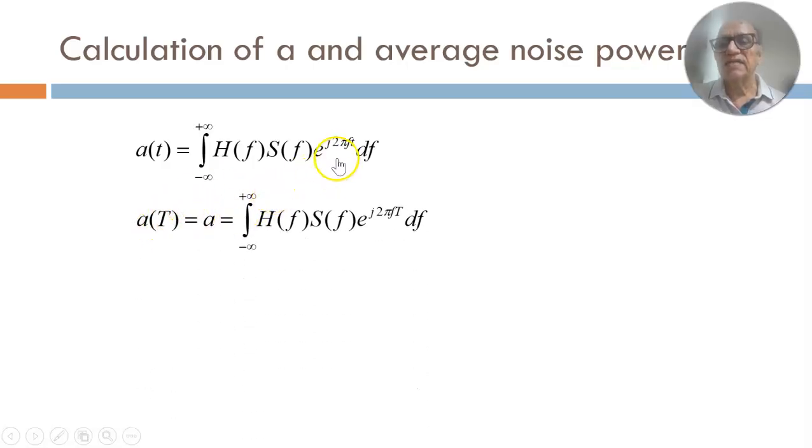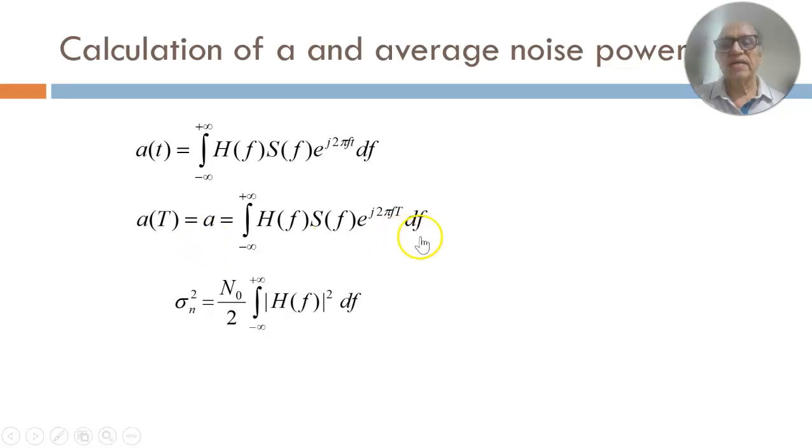So you calculate this at t equal to capital T. So a is the same expression, except that the small t is replaced by capital T. And then you calculate the average noise power. N0 by 2 is the power spectral density of noise. And this again comes from the study of signals and systems. So you multiply this by mod of H(f) whole squared, integrate, and you get your average noise power.